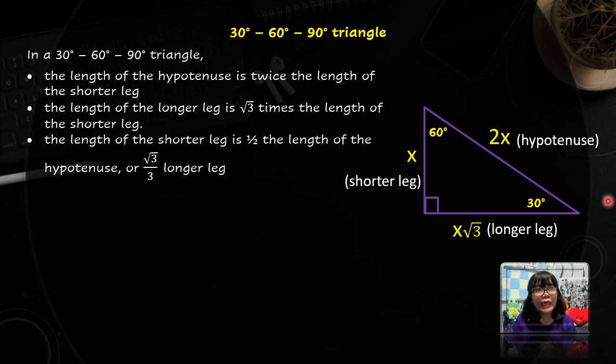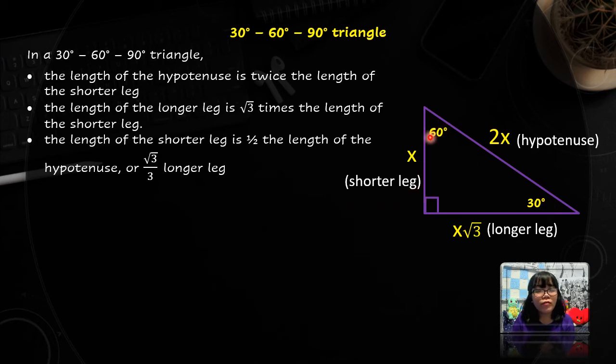Now, be sure of the location of each angle in your triangle. Unlike the 45, 45, 90-degree triangle, wherein if this is your right angle, these two angles here will surely be 45 and 45, here you need to be sure of the positions of our angles. But just always remember that the opposite of our 30-degree angle is always the shorter leg.